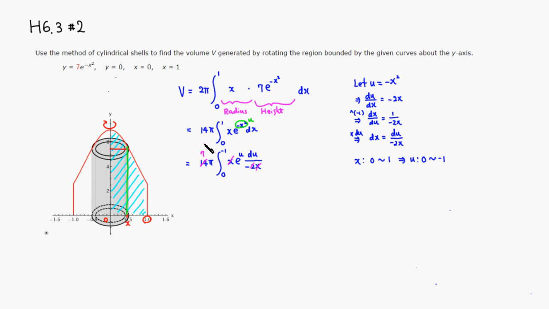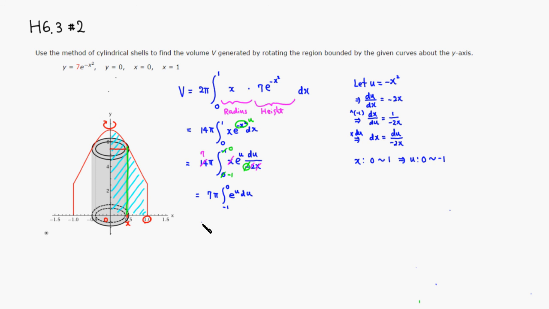We can also incorporate the negative sign to switch the lower and upper limits, so the integral goes from negative 1 to 0. Once you clean it up, you get 7 pi times the integral from negative 1 to 0 of e to the u du.